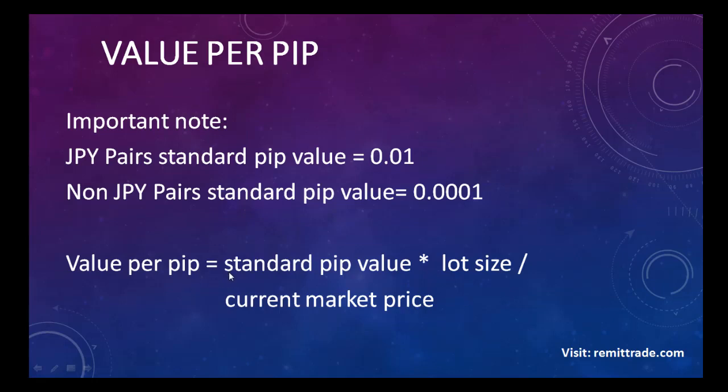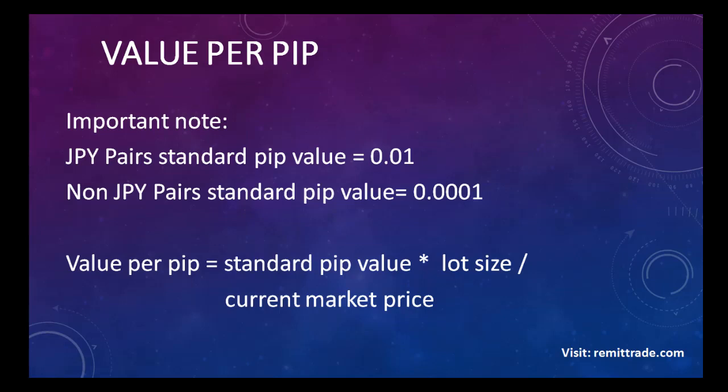So I will take you through some examples so that you know how to calculate your PIP value. Why is value per PIP very important before or when you are trading? So that you know the profit or loss that you will have when the trade is going on.